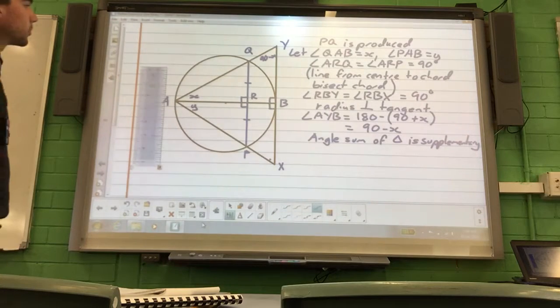Okay, so we'll focus on that top triangle for now, on x's, and then we'll see what we can do with y. What else can I do?